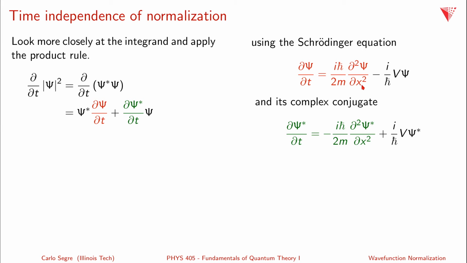And this gives you, when you take the complex conjugate, minus i h bar over 2m, partial squared of psi star with respect to x squared. And then the third term is minus i h bar v psi. And if we take the complex conjugate of that, we get i over h bar, v times psi star.